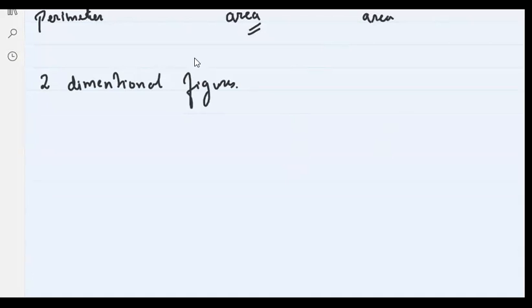Okay. Now tell me, what is the basic first two-dimensional figure that we have encountered? Tell me, first two-dimensional figure.